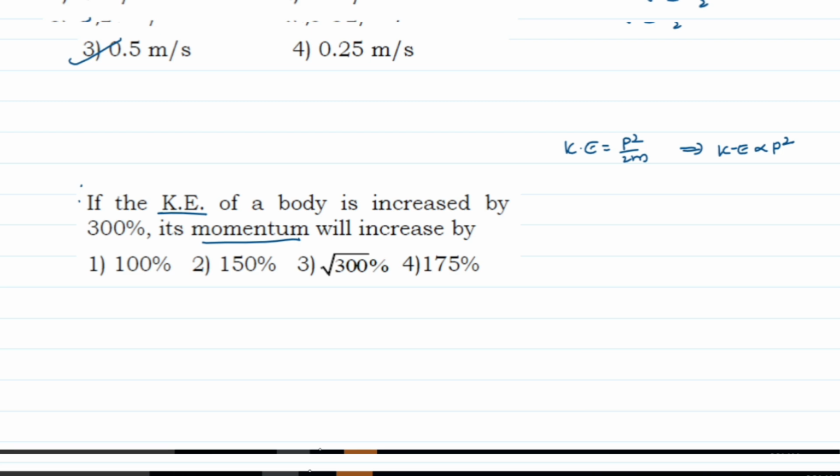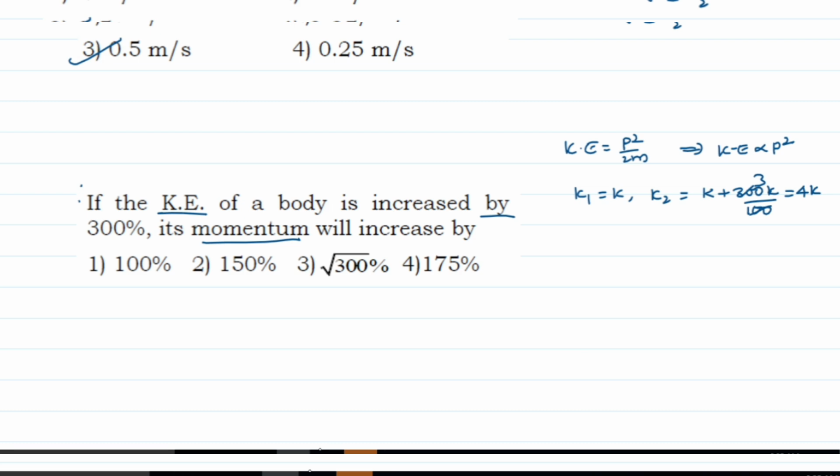Initially, let us take the kinetic energy as K1 equals K, and the final kinetic energy K2 is, since 300% is increasing, K plus 300K by 100, which is 3 times, so together it becomes 4K. Final kinetic energy you have calculated.